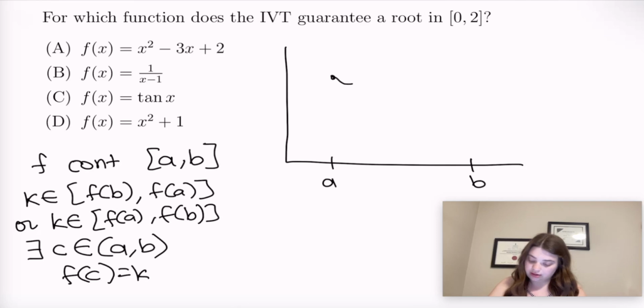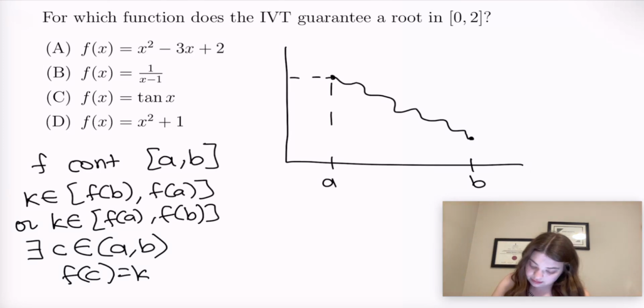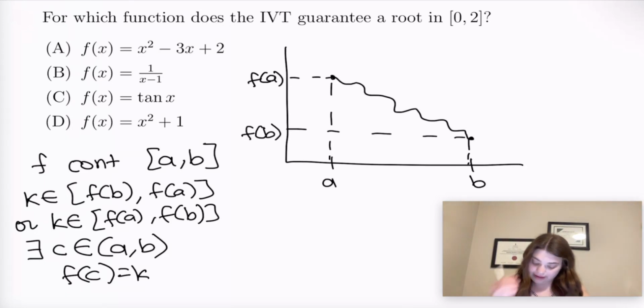So we go here and then come down, and then we'll stop here. As you can see, this value would be f of A, and this value here would be f of B, right?